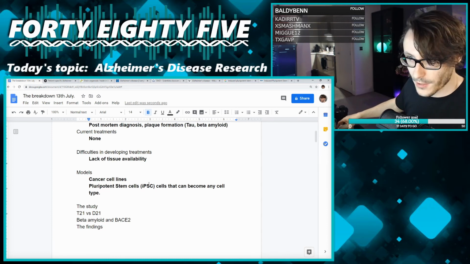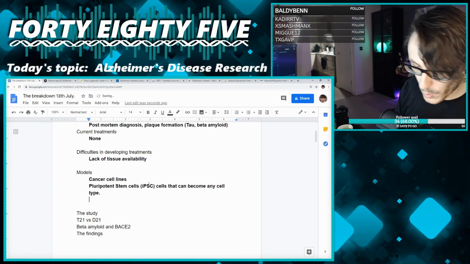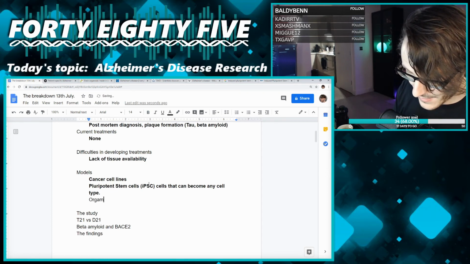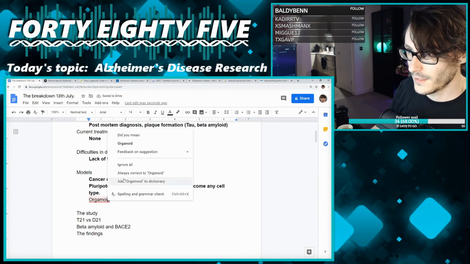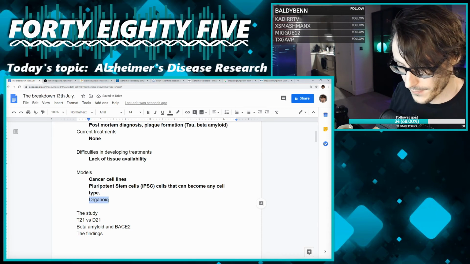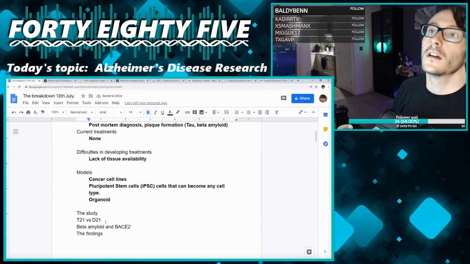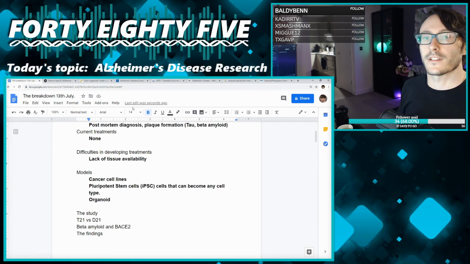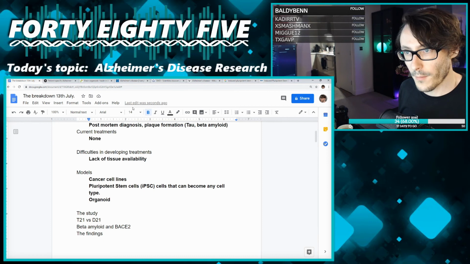The last thing I want to talk about before we get into the study is another thing called an organoid. It's an organoid, right? So these are fairly new as well, relatively speaking. When we're culturing cells in the lab, generally you can grow them as what's called a 2D layer.